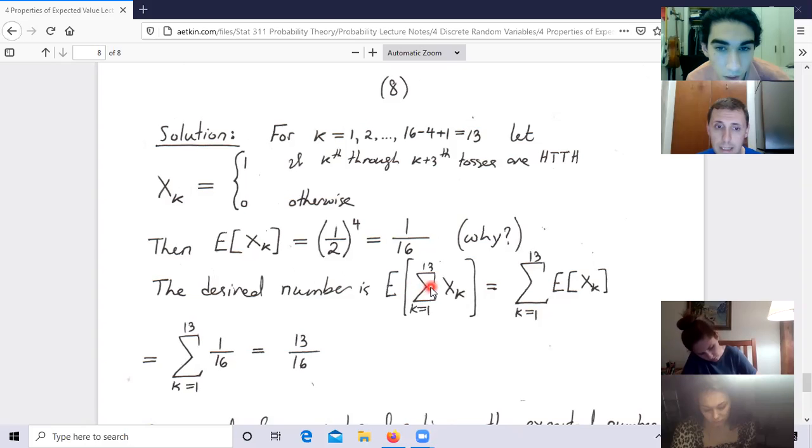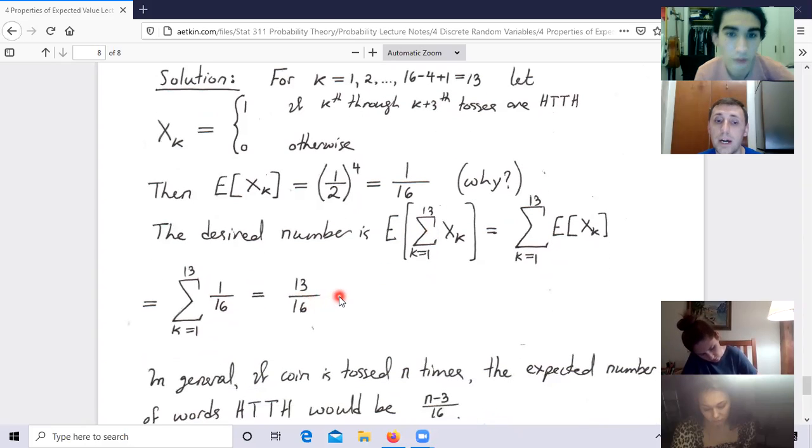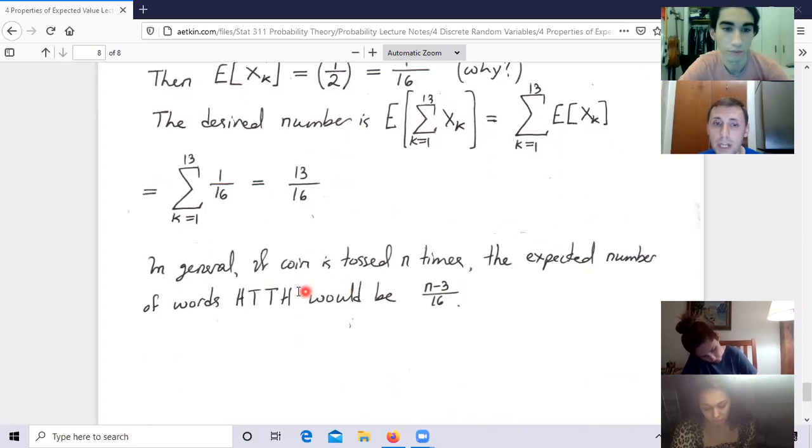And so I add them up and I get 13 divided by 16. In general, if I toss the coin n times, the result will be n minus 3 over 16 is how many on average will come up to be the pattern, right? So that means 13/16 is the average number that I will see the pattern HTTH if I throw it 16 times. Any questions before I move on?